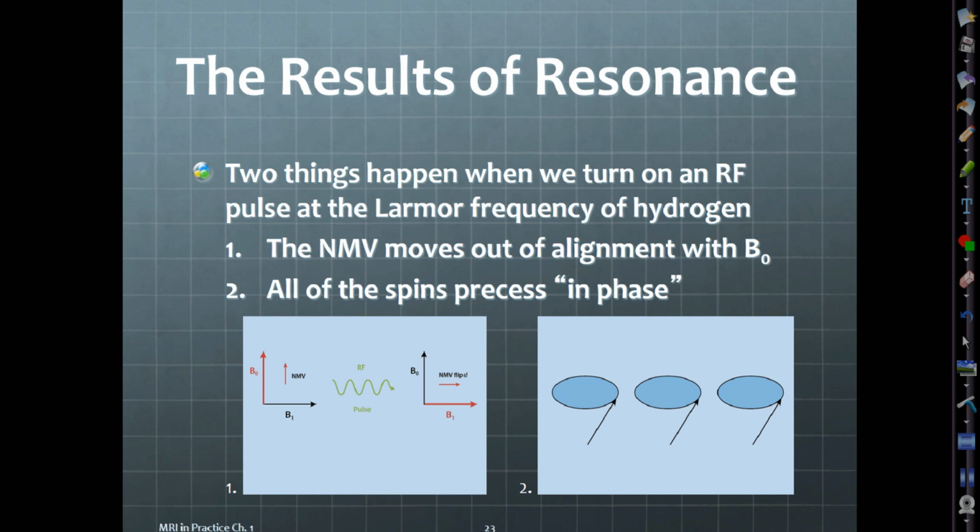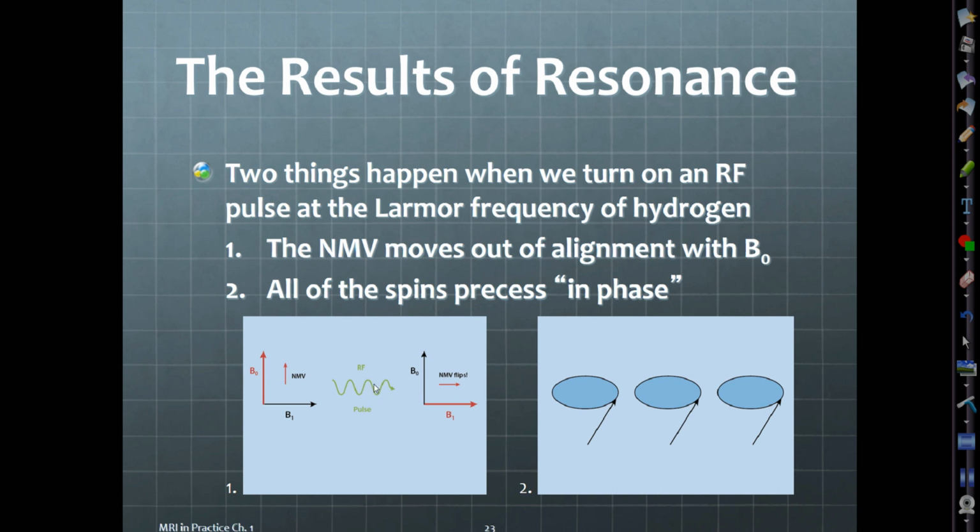So we have a couple results of resonance. Two major things happen when we turn on an RF pulse, or you could even add in another word, RF excitation pulse. And remember, it has to be at the Larmor frequency of hydrogen. First, the net magnetic vector, which was aligned with B sub 0, moves out of alignment.